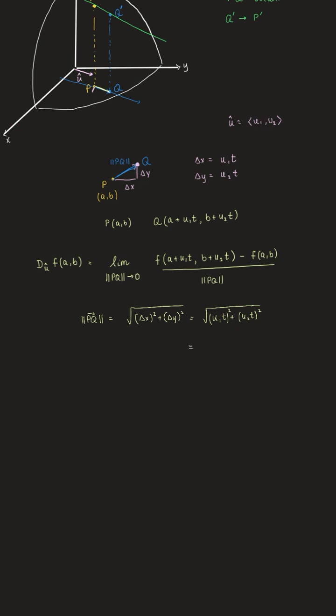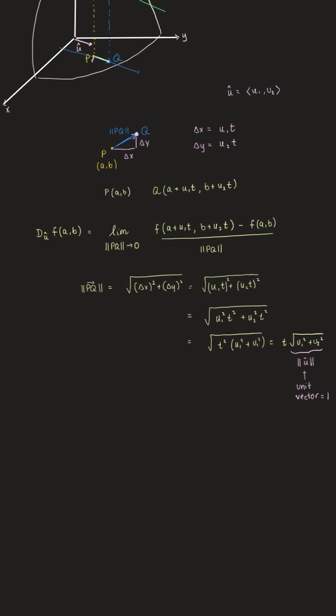So this is the square root of u sub 1 squared t squared plus u sub 2 squared t squared. We can factor out t squared inside of our root, so we have t squared times u1 squared plus u2 squared. And that's just going to be t times the square root of u sub 1 squared plus u sub 2 squared. Now notice that the square root of u1 squared plus u2 squared is the magnitude of u, but we made u a unit vector, and so that magnitude is equal to 1.